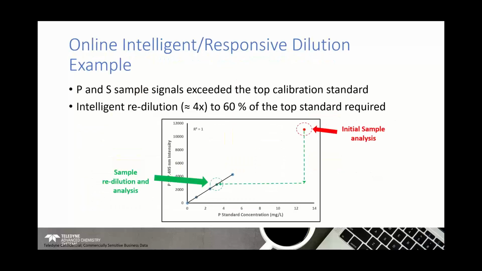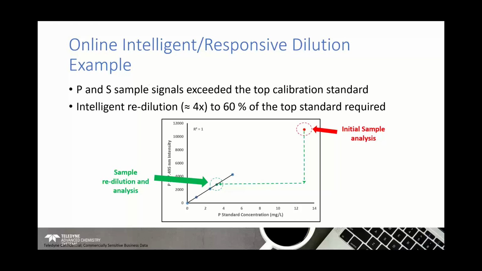So just to give you an example of this in terms of responsive dilution, for the rice flour data, there were analyte signals for phosphorus and sulfur which exceeded the top calibration standard. So this prompted the redilution process.